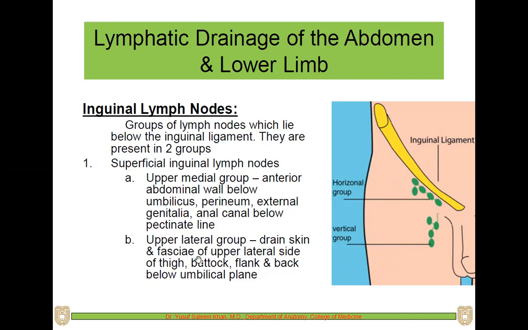The buttocks, as well as the flanks, as well as the back below the umbilical plane. So if we draw the umbilical plane and it continues backwards, whatever region is below in the back below the umbilical plane, that whole region, the buttocks, the flanks, as well as the lateral part of thigh, all will drain into the lateral group.